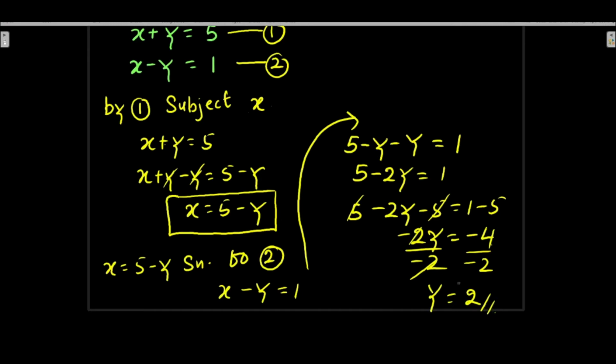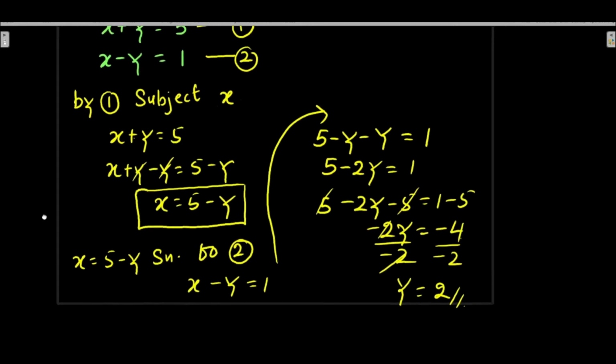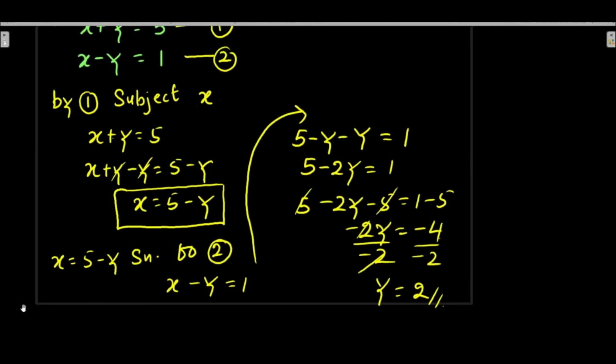If you know the value of y, we will check that. Yes, look at this one. I will mark this as a 3, third equation.